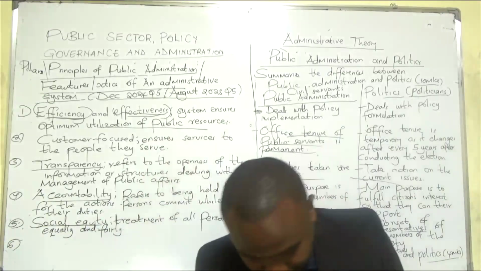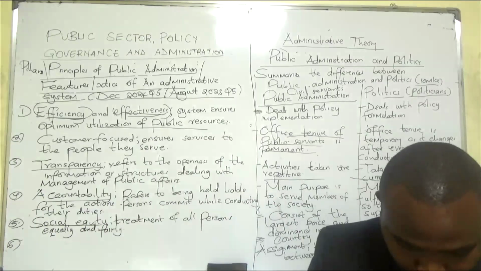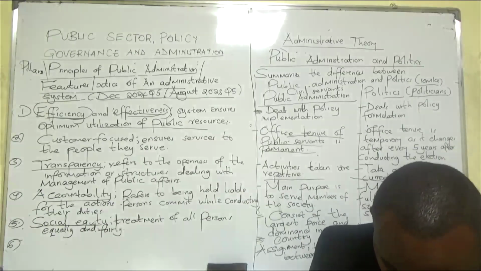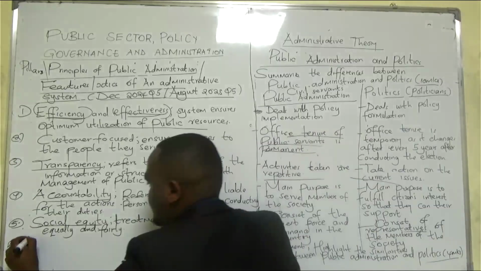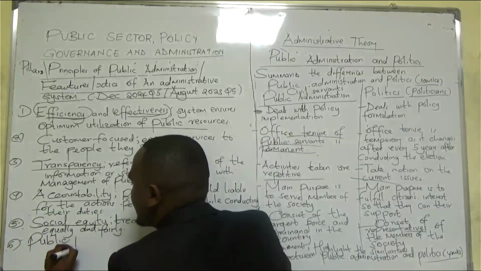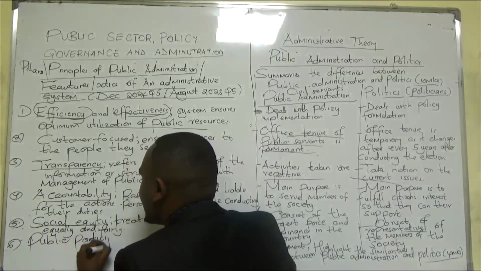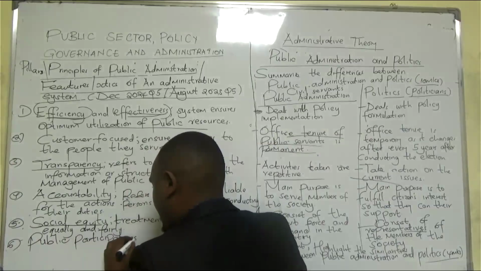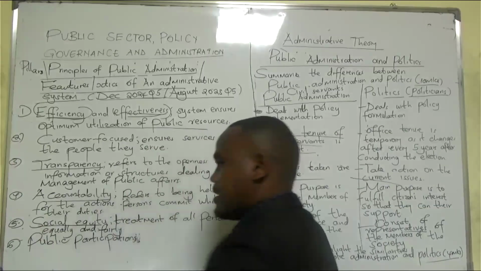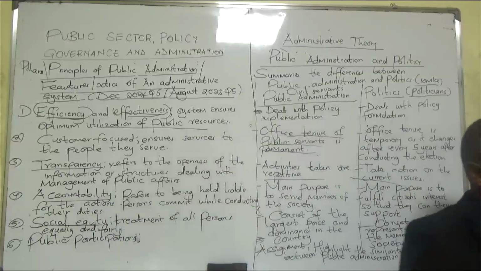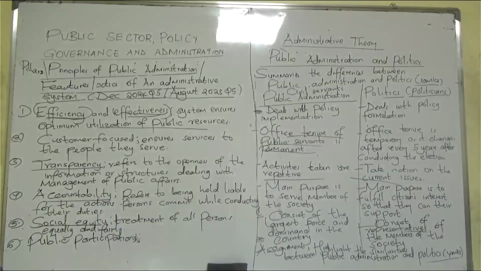Sawa? Another one? You can also tell us the concept of public participation. You are dealing with matters concerning the public. So let the citizens be involved. Citizens should be involved in the management of public affairs.